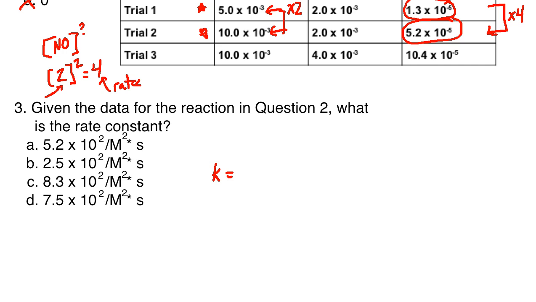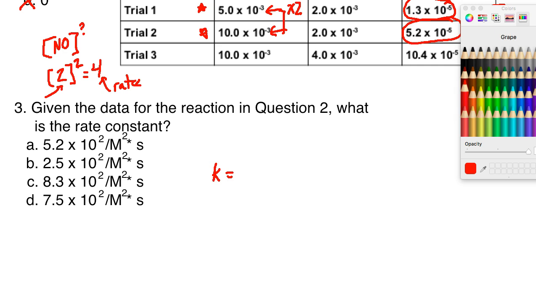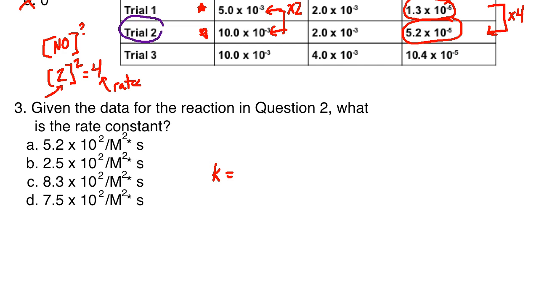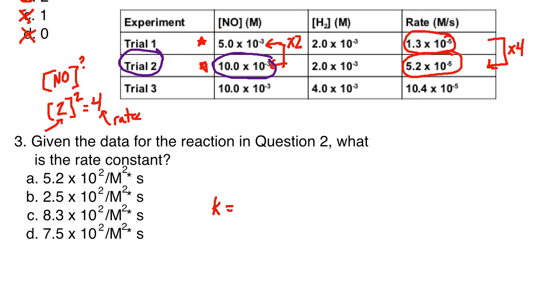So if you take a look here at the top of the screen, trial 2, let's switch colors here as we're doing this. So trial 2, right here, the values I want to grab are the value for the nitrogen monoxide, the value for the hydrogen gas in molarity, and the rate itself.